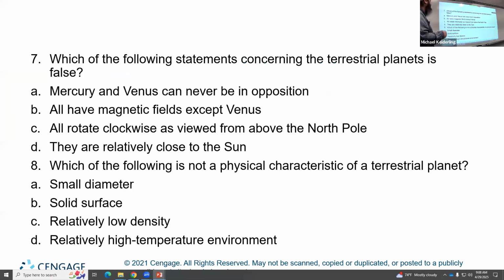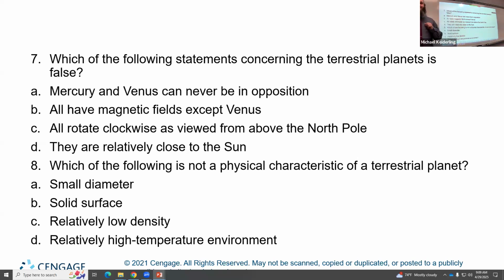Yes, Mercury and Venus can never be in opposition as seen from Earth. I was thinking opposite sides of the sun. That can happen. But they can never be in opposition as seen from Earth, because they'll both be towards the sun, closer to the sun. But they all rotate clockwise, viewed from above from the North Pole, is false because Venus rotates counterclockwise.